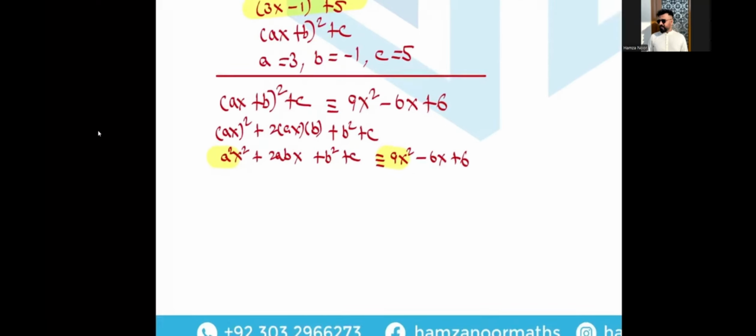I can see that the coefficient of x squared is a squared, and here the coefficient of x squared is 9. So equating the coefficients of x squared with each other, a squared x squared is identical to 9x squared. Therefore, a squared is equal to 9, and therefore a is equal to plus or minus 3.